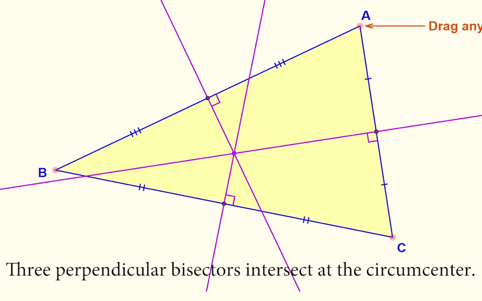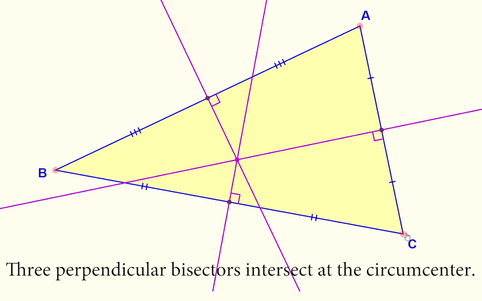So for this last example, we're looking at perpendicular bisectors. Right now, this purple line is a perpendicular bisector of segment AC. This perpendicular line is a perpendicular bisector of BC, and this purple line is a perpendicular bisector of AB. And all three perpendicular bisectors meet at a point, so that's why we call it a point of concurrency, and that point is called the circumcenter.